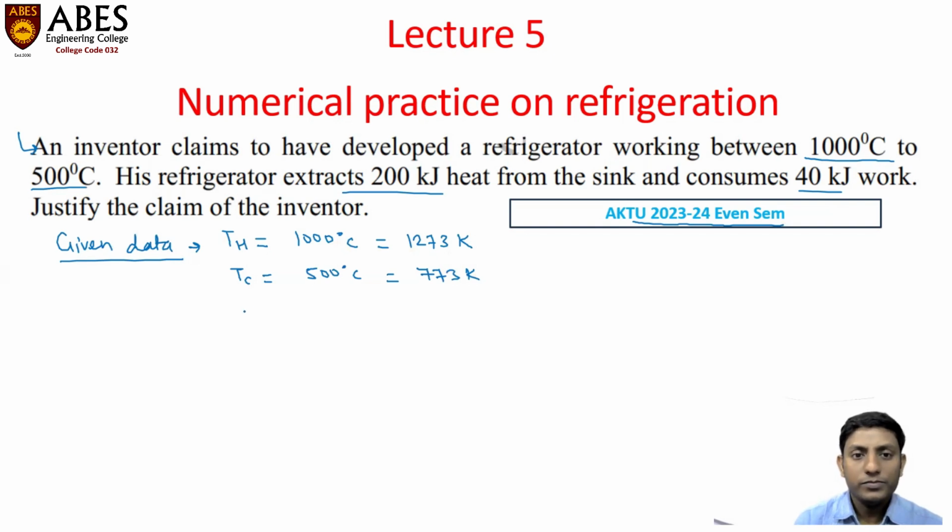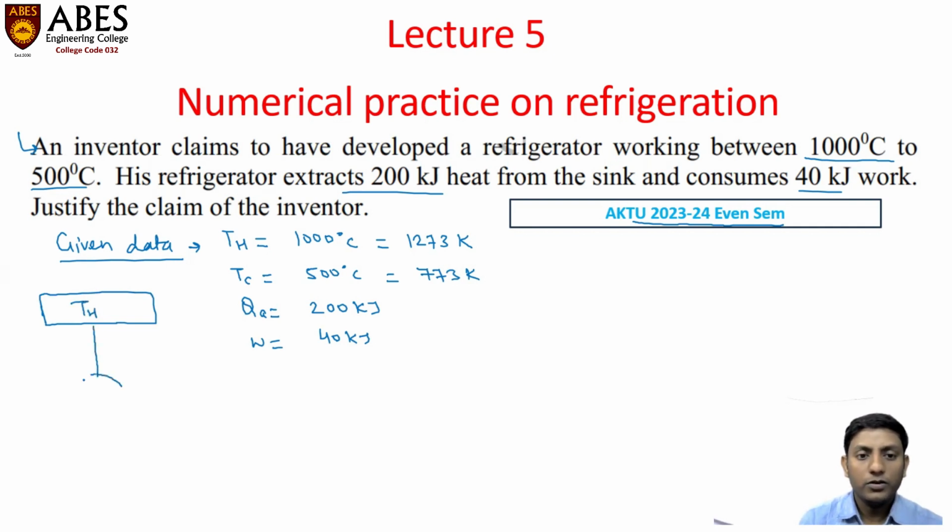He also claims that absorbed amount of heat is 200 kilojoule, whereas the work required by the refrigerator is 40 kilojoule. So if we try to draw a diagram for this, then it would look like this. I'm sure you are able to recall this diagram from lecture 2.